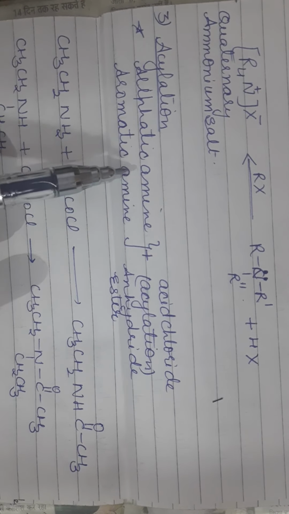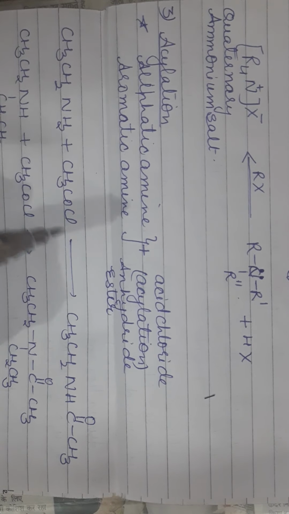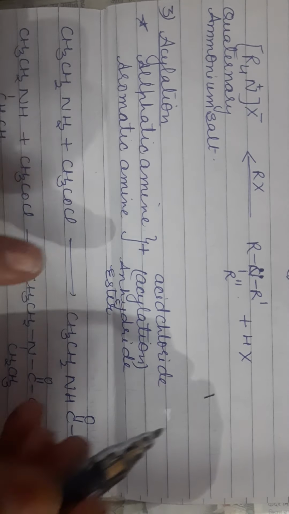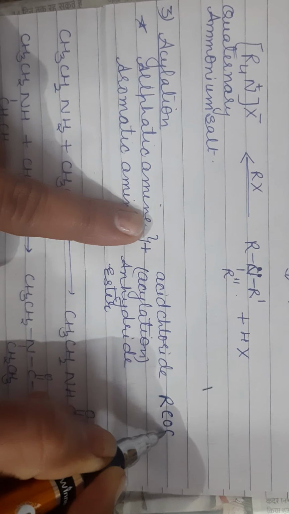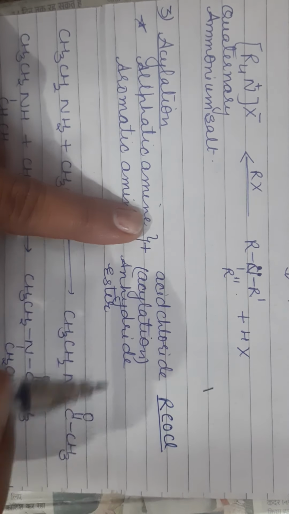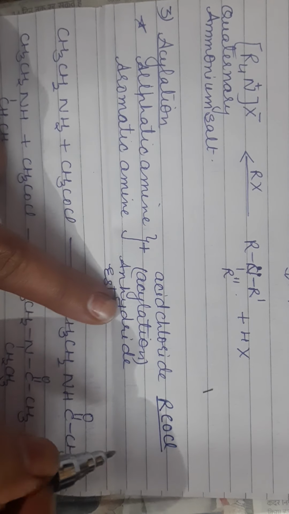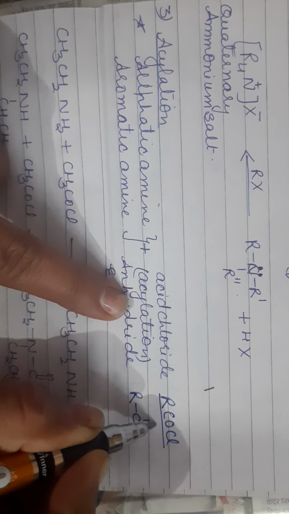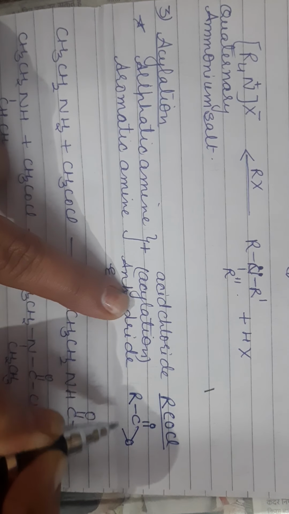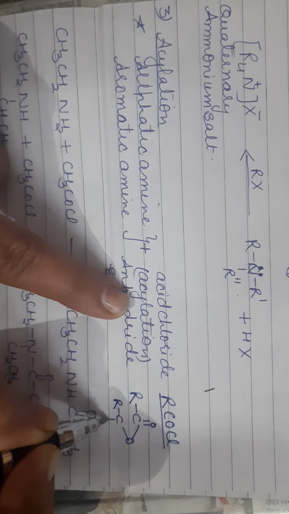Next reaction is acylation. Aliphatic and aromatic amines react with acid chloride. Acid chloride may be written as RCOCl, and acid anhydride is obtained by dehydration of carboxylic acid.